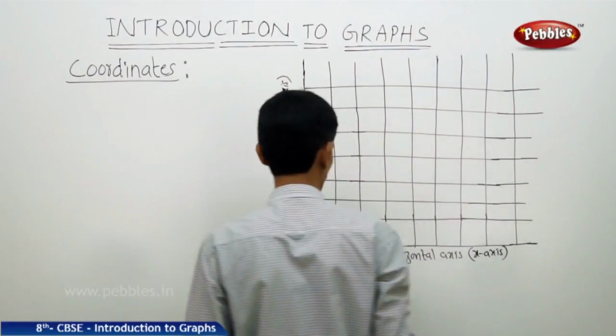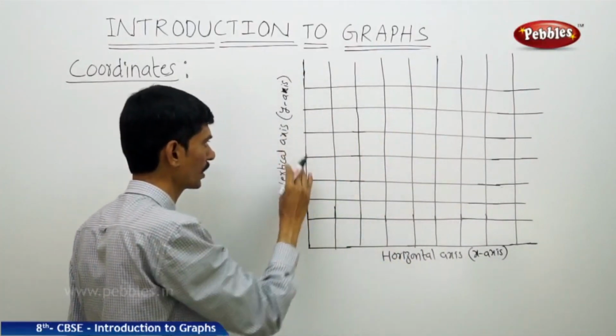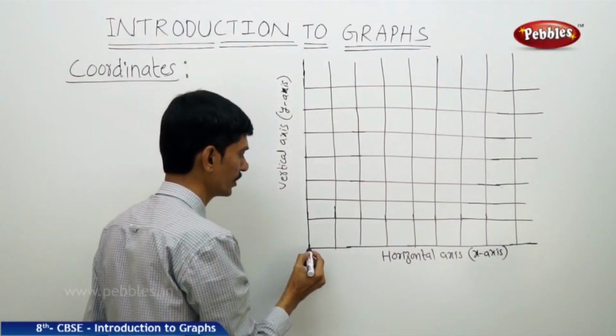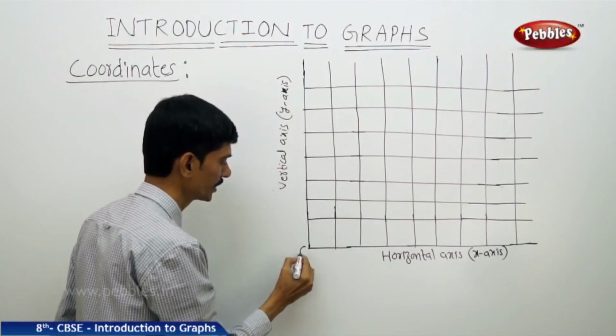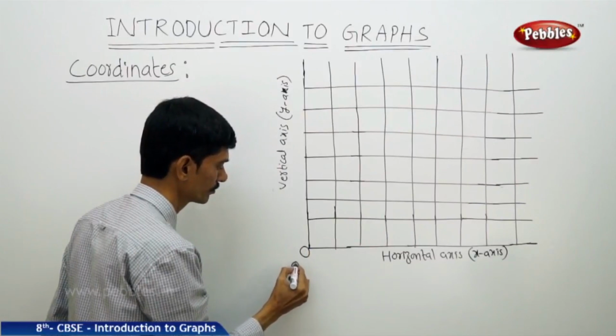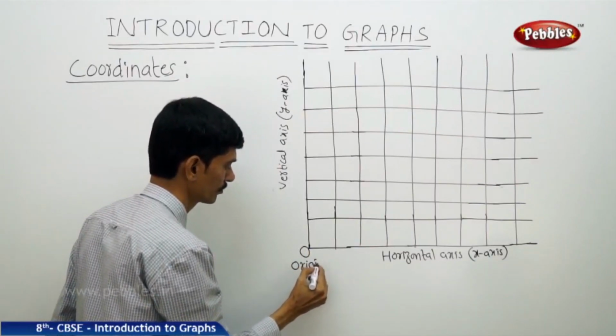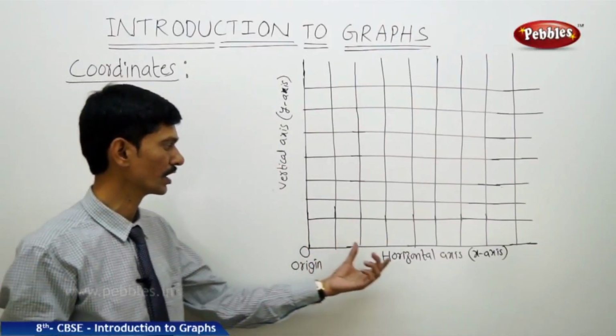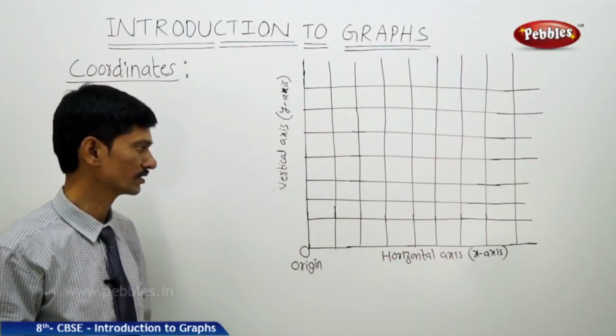Now the two axes, the horizontal and the vertical axis, both intersect at a point. This point is known as the origin, denoted by O. So the origin is the point of intersection of both the horizontal axis and the vertical axis.